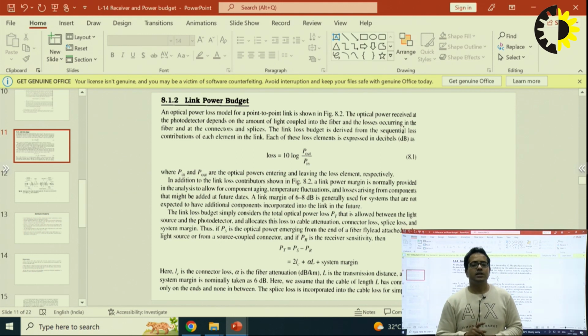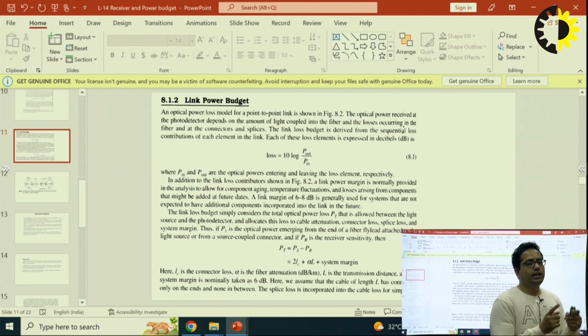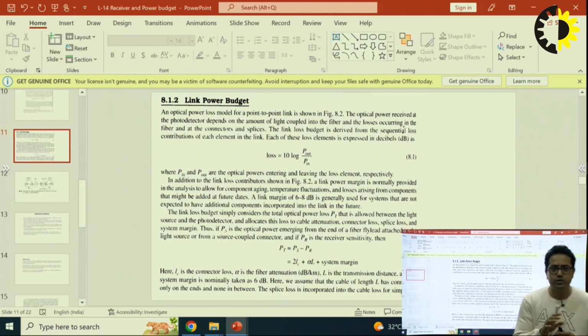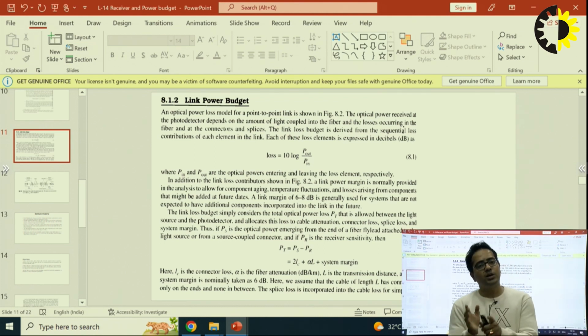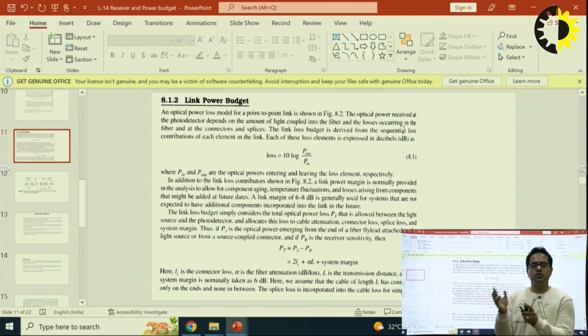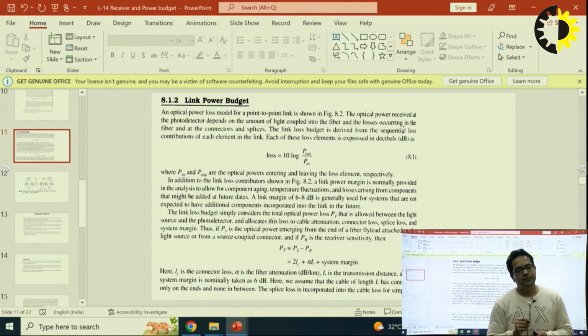Obviously it is a laser, because it is highly coherent, and the light emitted from a highly coherent source will be highly directive, which means that most of the information will travel through the optical fiber, because we are coupling this information into the optical fiber. So the fiber pigtail will be directly connected to the source.